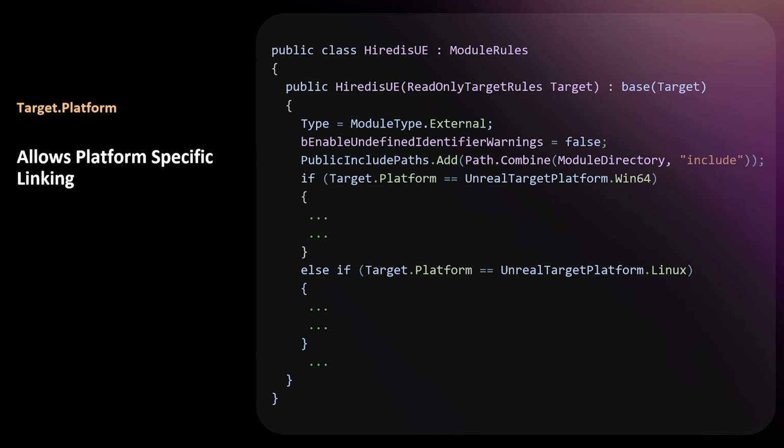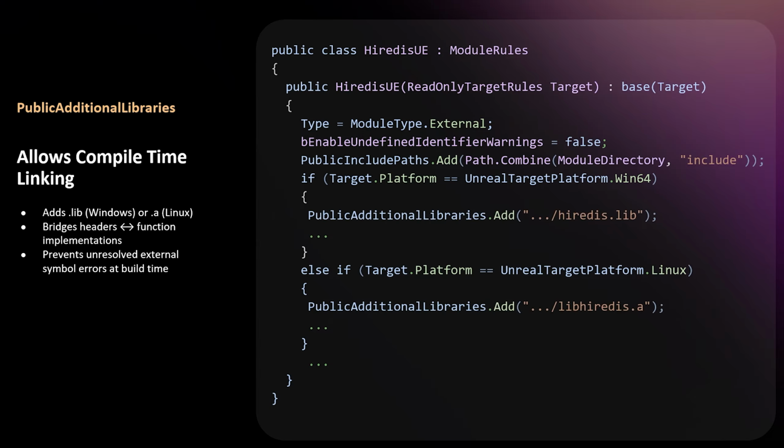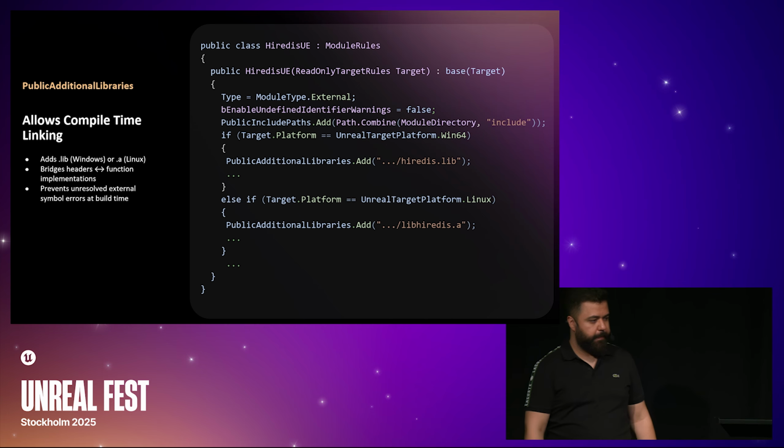Once we are talking about third-party libraries, we also have platform-specific files like DLL and SO. We can also check our target platform with Target.Platform. And then public additional libraries allows you to introduce the headers or internal functions that the library has. Without this one, you will have unresolved symbol errors.